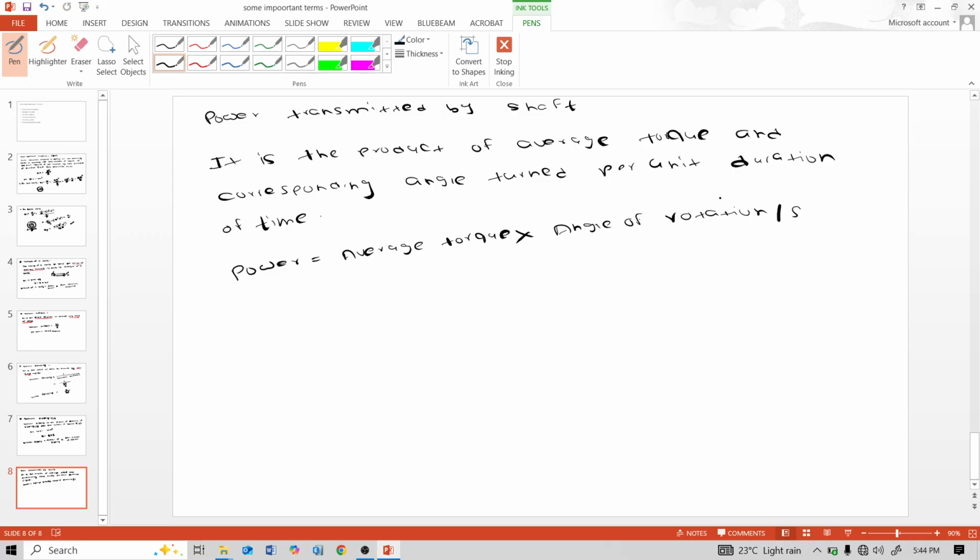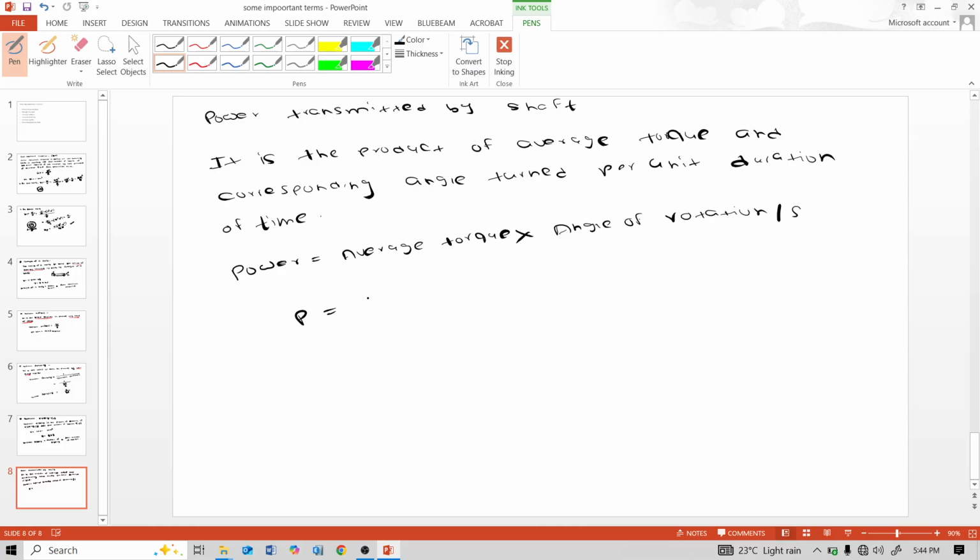Sorry for handwriting and noise disturbance. Power transmitted by shaft is the product of average torque and corresponding angle turned per unit duration of time. Power is equal to average torque multiplied by angle of rotation per second.